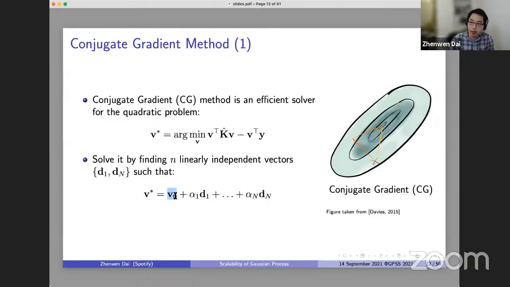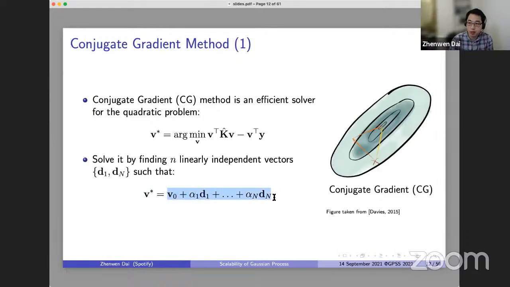You can take a zero vector or some random vector, and it will try to find n linearly independent vectors d1 to dn, because it's an n by n matrix, so it's an n-dimensional vector, with corresponding coefficients in front, so that the aim is to write V star in such a form.